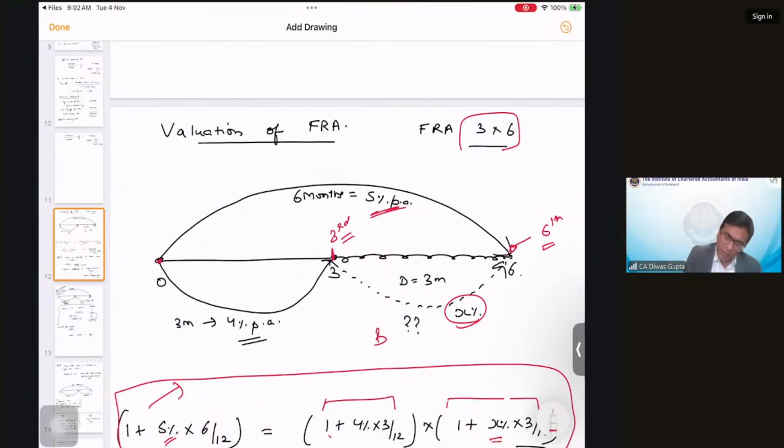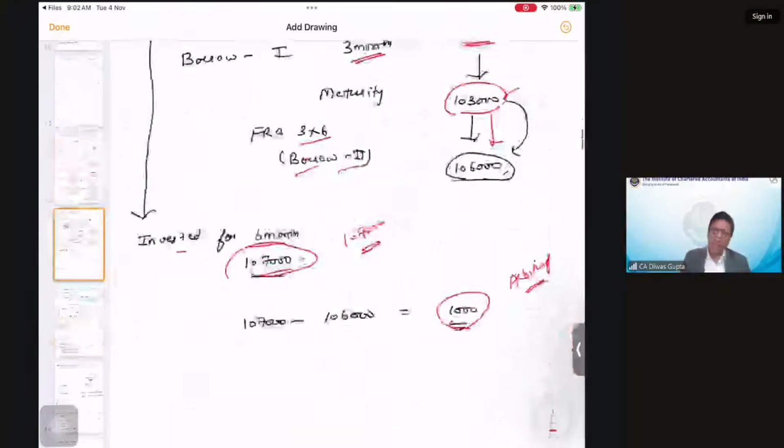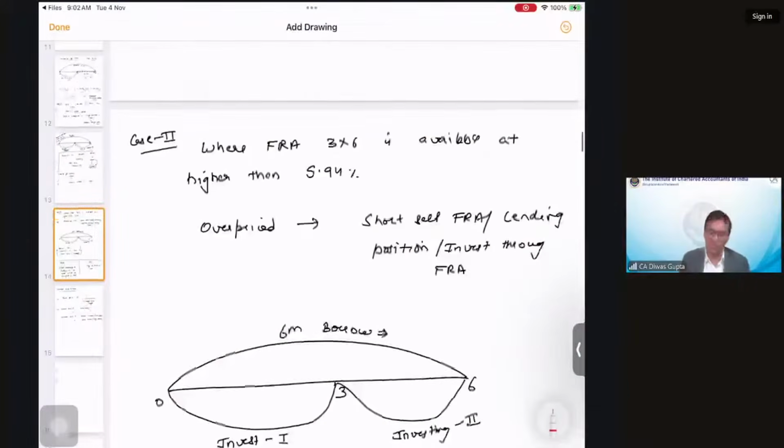If let's say you are borrowing here, then invest here for 6 months. Clear? If you are investing here, then borrow for 6 months. Clear? I hope the strategy is clear, students. And when to borrow and when to invest will be governed by the theoretical minimum value of that FRA.